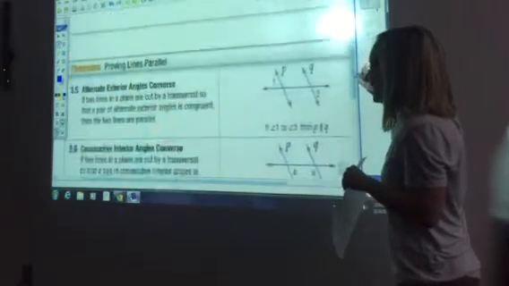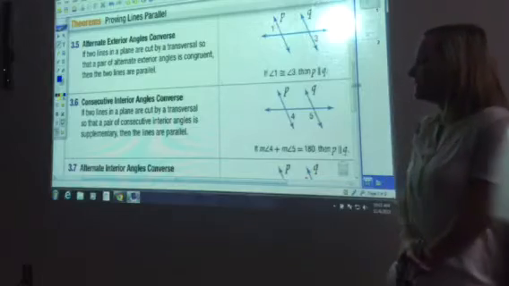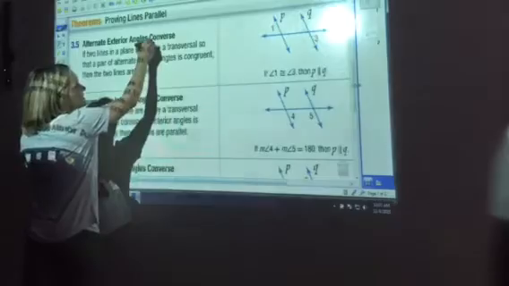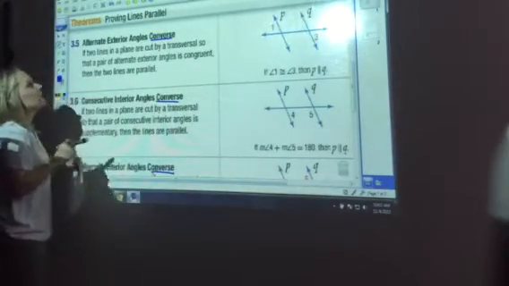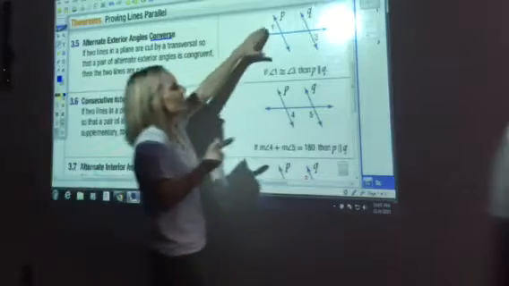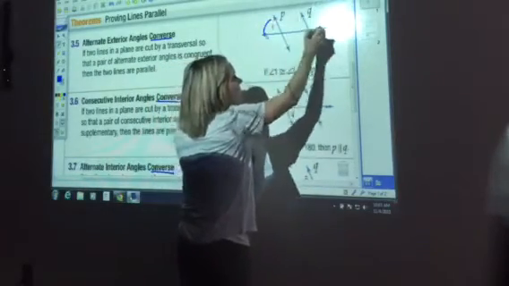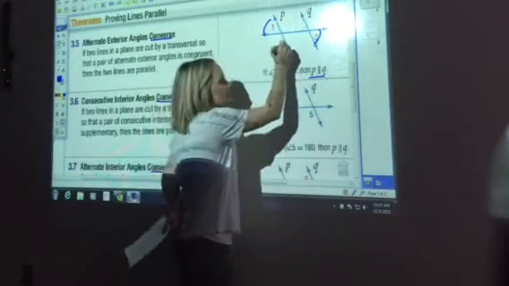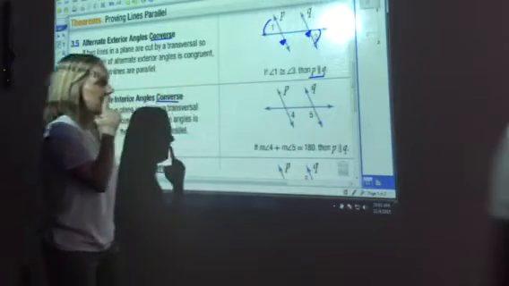If I move on, again with the alternate exterior angles, consecutive interior angles, and alternate interior angles. Again, just like the corresponding, this is the converse of those statements, okay? So if these two angles, these alternate exterior angles, are congruent, okay, then lines P and Q have to be parallel to each other, okay? That is the converse of that statement.